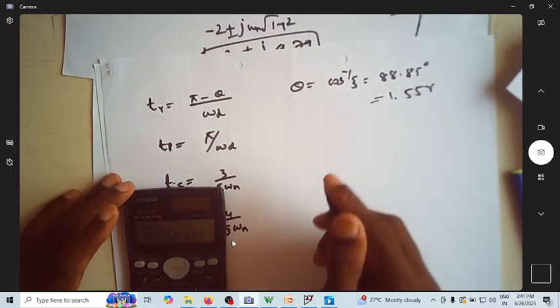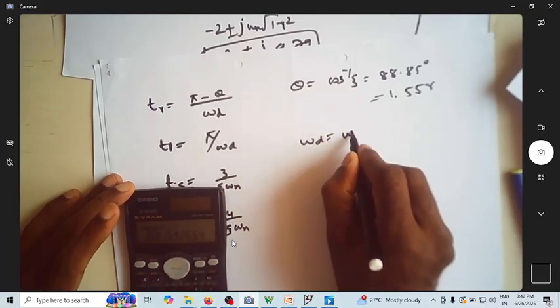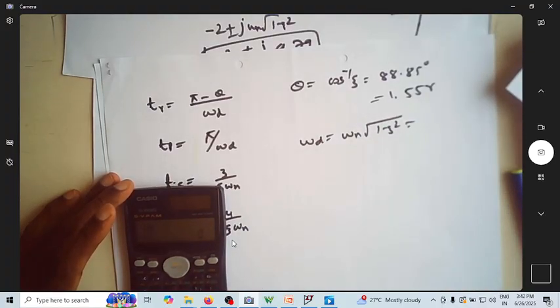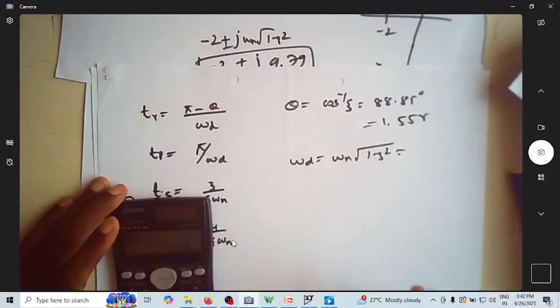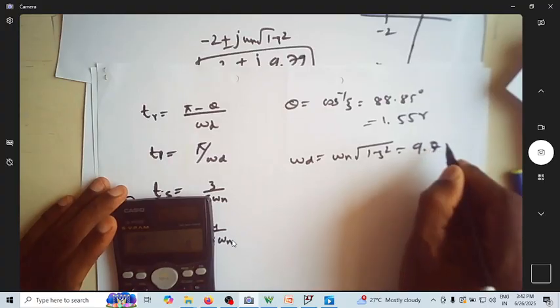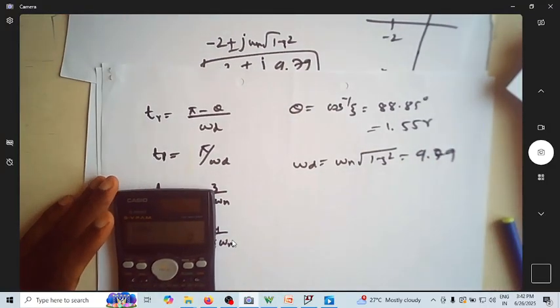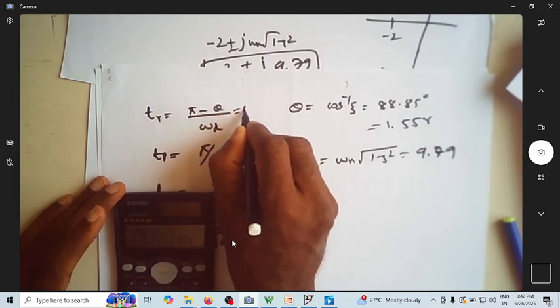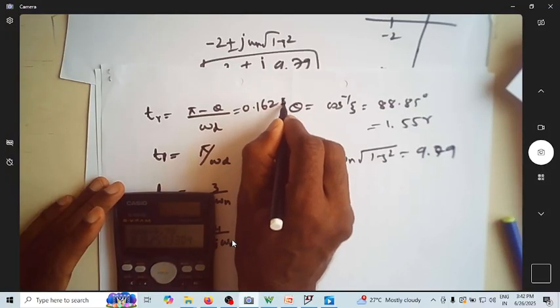So the rise time is pi minus 1.55 divided by omega d. You need to find omega d, which is omega n into square root of 1 minus zeta square. We already found it, it is 10 into 0.979, that is 9.79. So it is 1.55 divided by 9.79, which is 0.162 second.